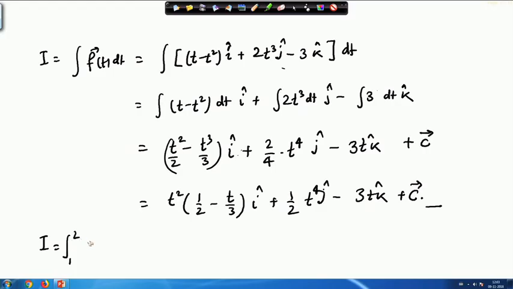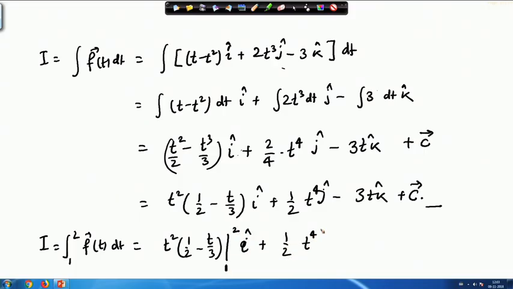So the integral from 1 to 2 of f(t) dt. If I calculate this, then this will be t square (1 by 2 minus t by 3) evaluated from 1 to 2, i, then 1 by 2 t to the power 4 evaluated from 1 to 2 times j, minus 3t evaluated from 1 to 2, k, and then c would not appear, because it will be c at 2 minus c at 1.